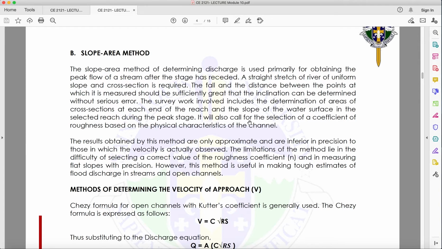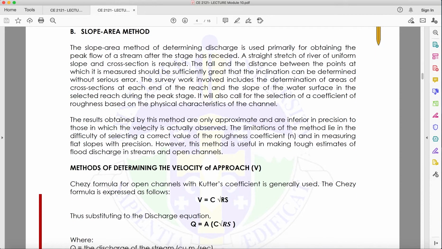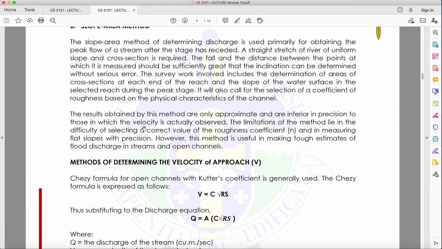It will also call for selection of the coefficient of roughness. So I believe you are quite familiar with the coefficient of roughness, no, from our hydraulics, based on the physical characteristics of the channel. Okay.